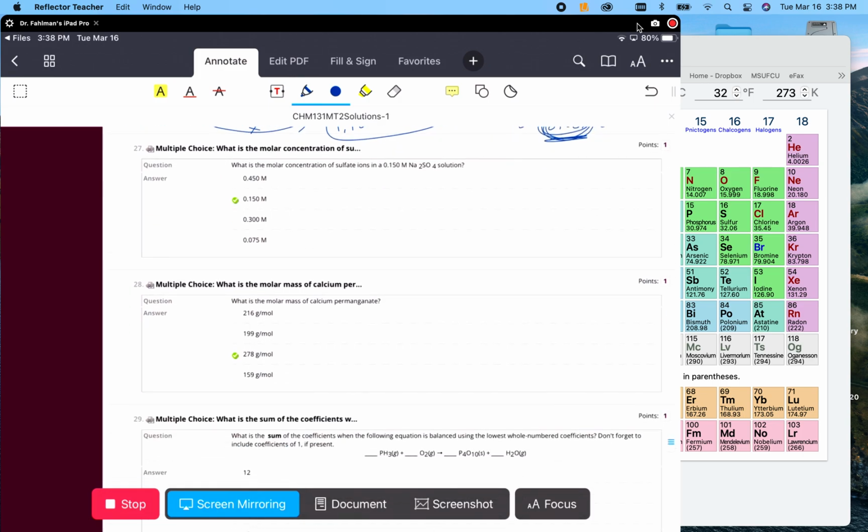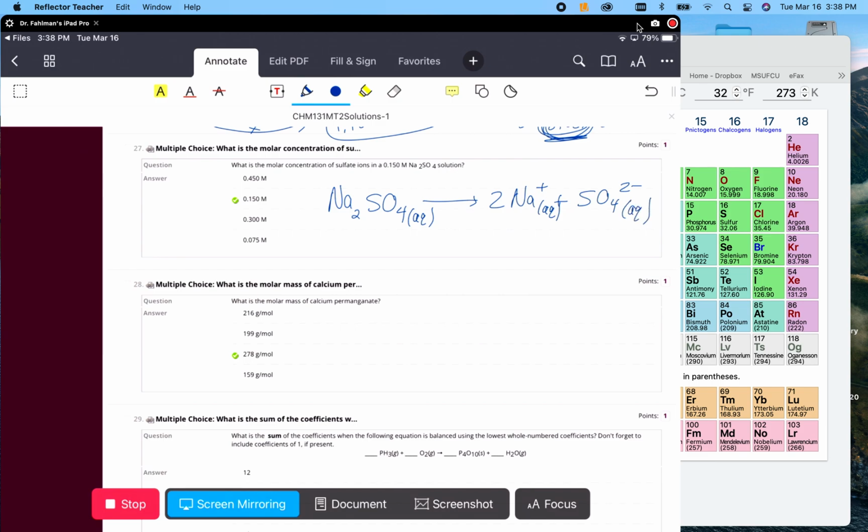The molar concentration of sulfate ions. So if we have Na2SO4 in solution, it'll give you this once it's dissolved.